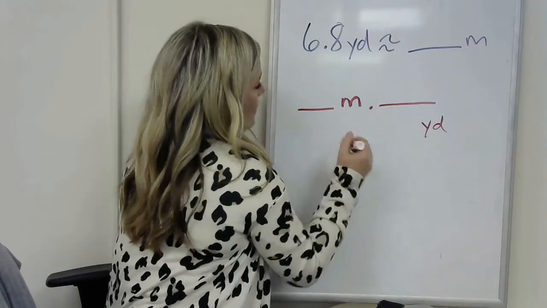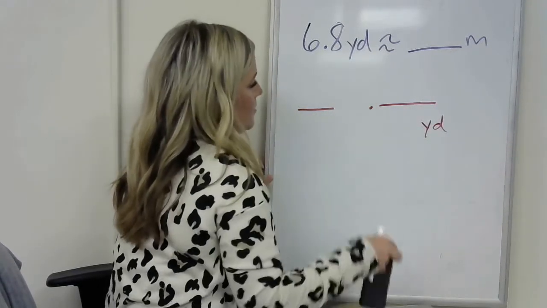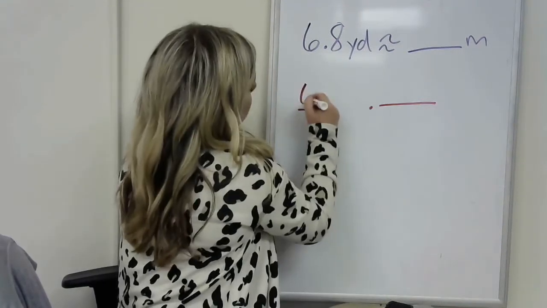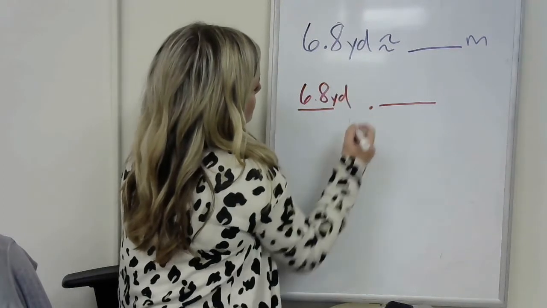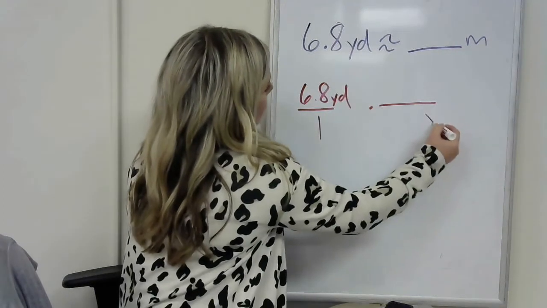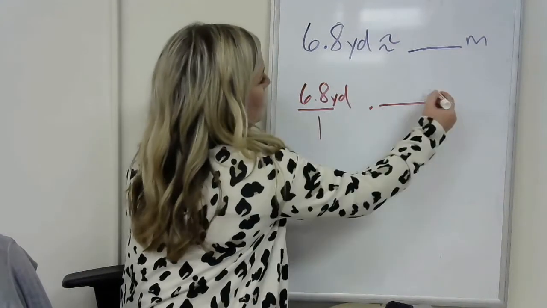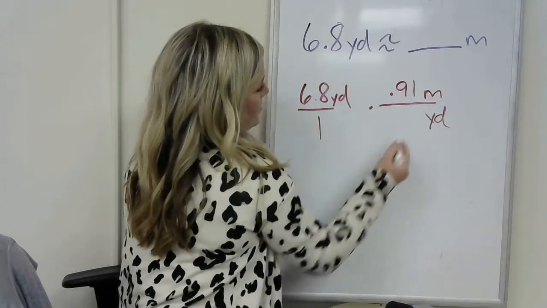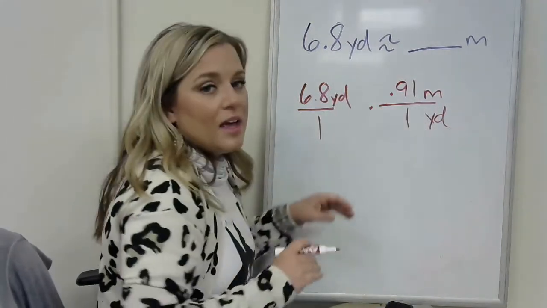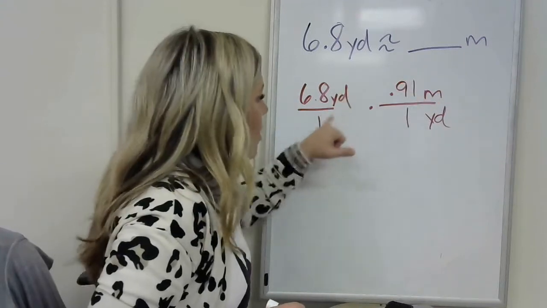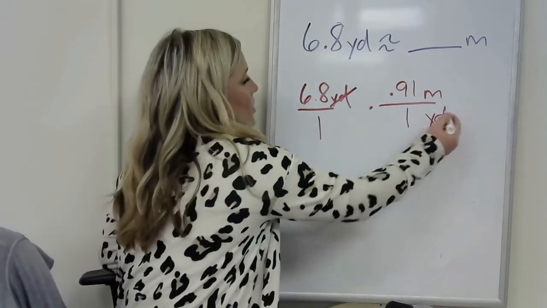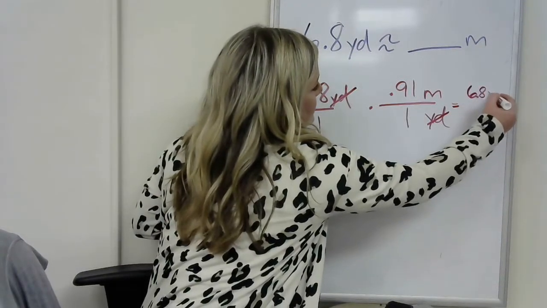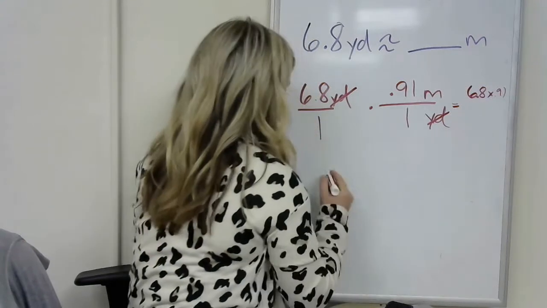Let's see, if I do 6.8 yards, and I need to get rid of yards, and I know my goal is meters. So we know 0.91 meters is equivalent to 1 yard, okay? Because remember, our goal is to get to meters, so we need to get rid of these. So these cross out, right? So at this point, we need to do 6.8 times 0.91, okay?